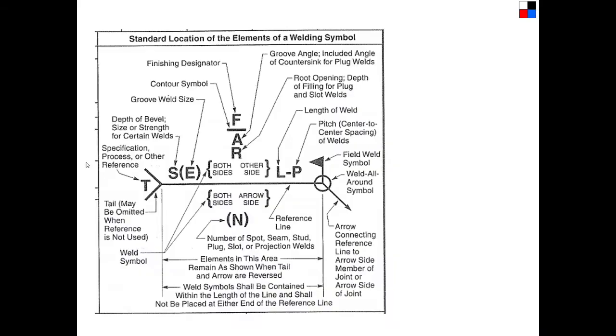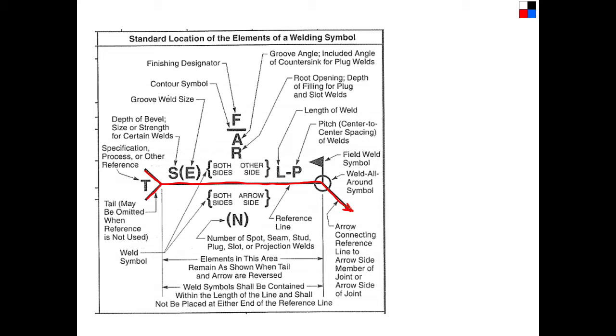Okay, so when you have a welding callout, the welding callout consists primarily of this leader line. So the leader line is this piece right here, the arrow, and then the leader line, and then sometimes it has a tail and sometimes it doesn't.